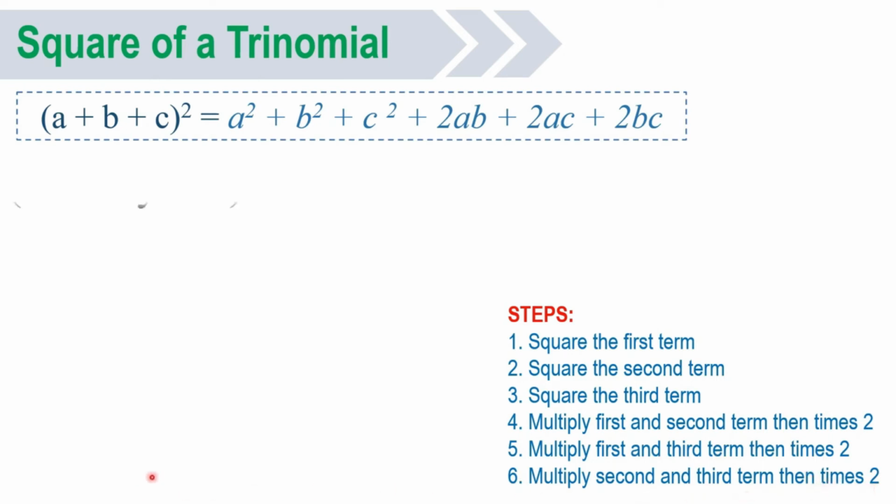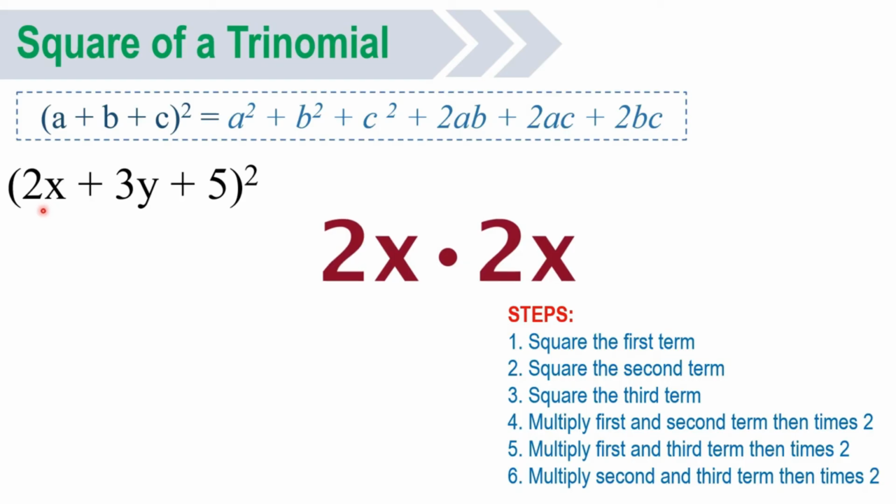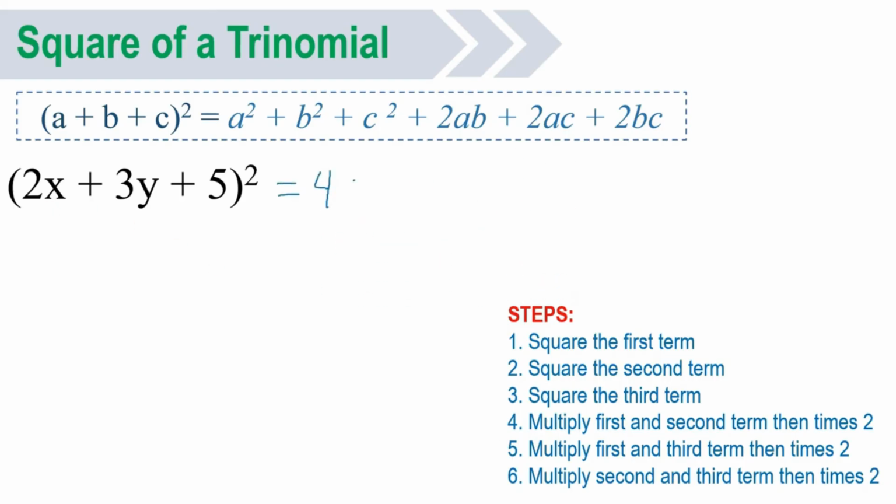Let's see this in our example. We have 2x plus 3y plus 5. So this is a square of a trinomial. First step, square the first term. The first term is 2x. So when you square this, 2x times 2x, you will have an answer of 4x squared.